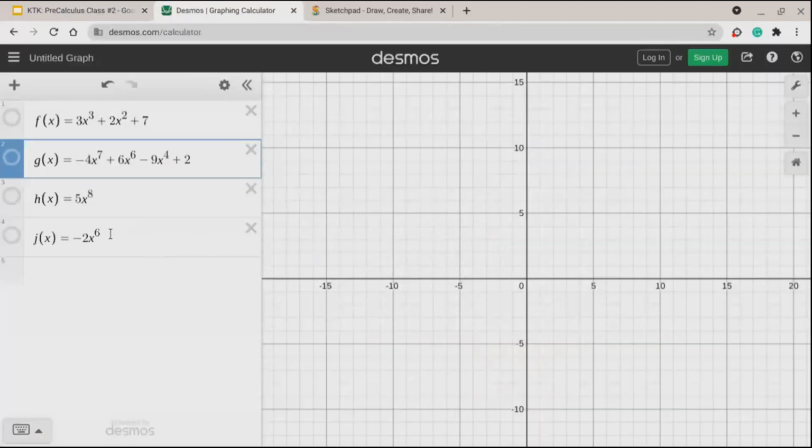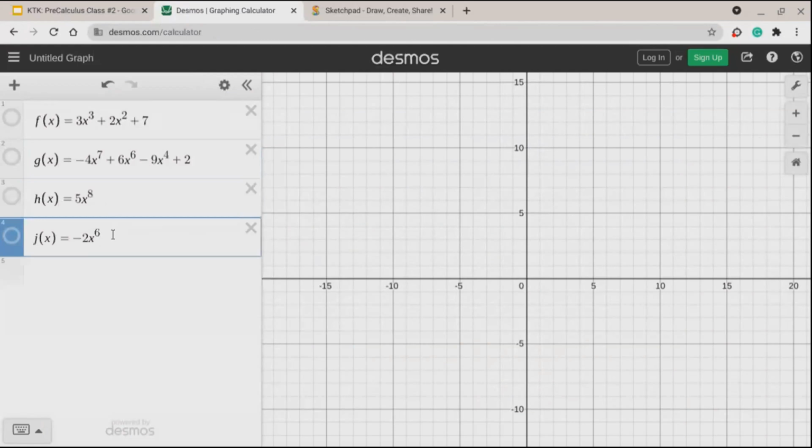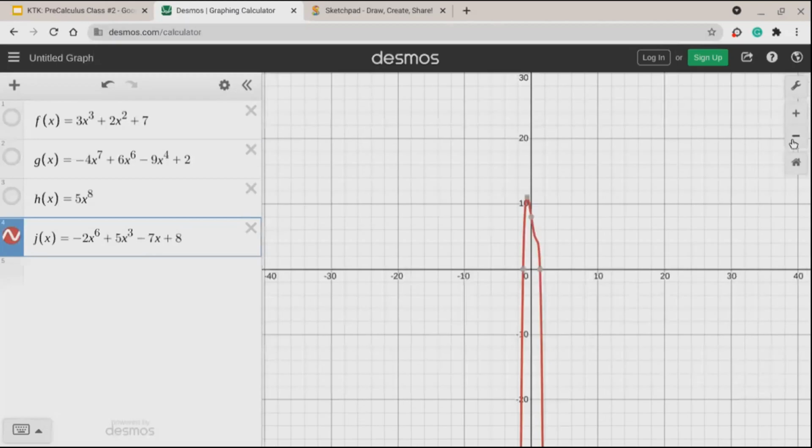Let's do 2x power 6 plus 5x power 3 minus 7x plus 8. Let's turn it on, and we've still got our end behavior. No matter how far we go, end behavior looks the exact same.